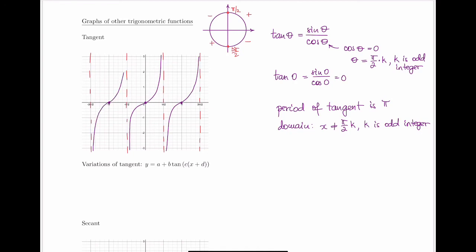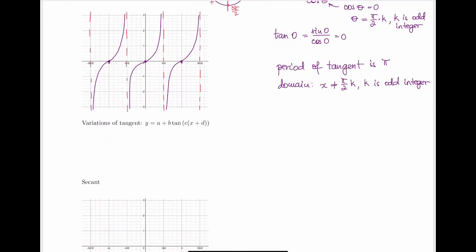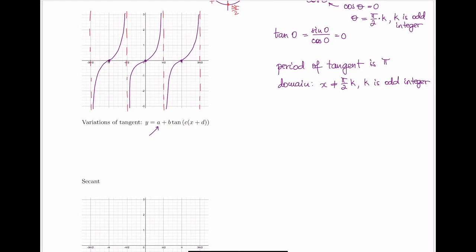Once we have the graph of the basic tangent function, we can of course talk about transformations and variations the ways that we have before. And in this case, this form is very similar to the sine form, and it's going to represent the exact same things in terms of various constants. So this a will correspond to the vertical shift. This b will correspond to the vertical stretch.